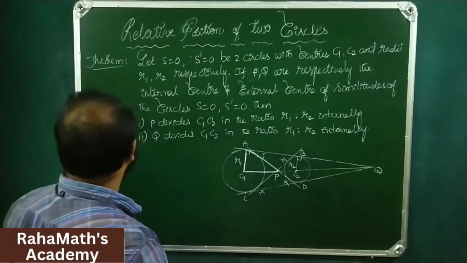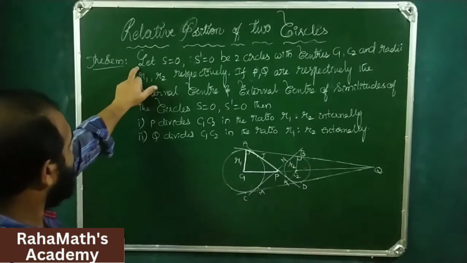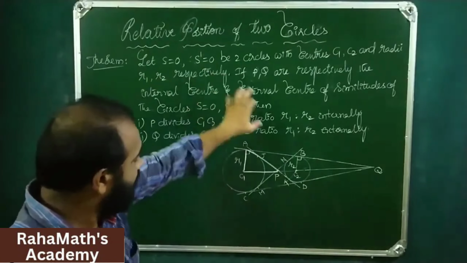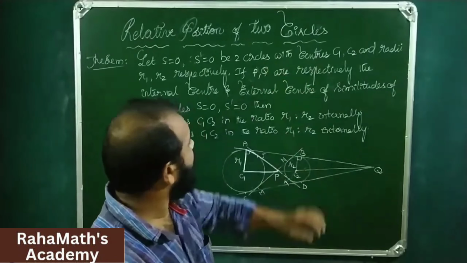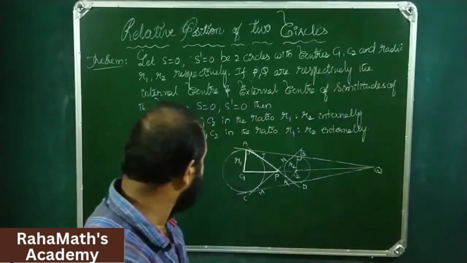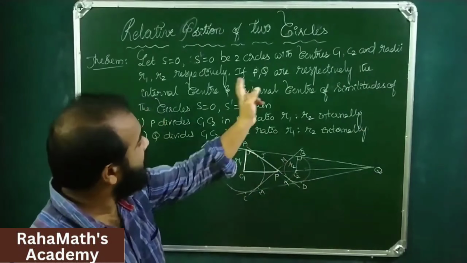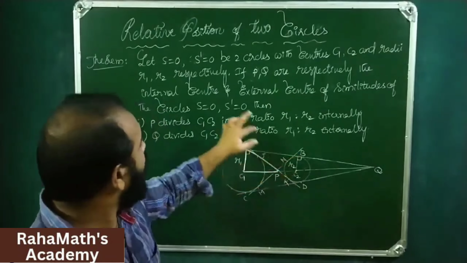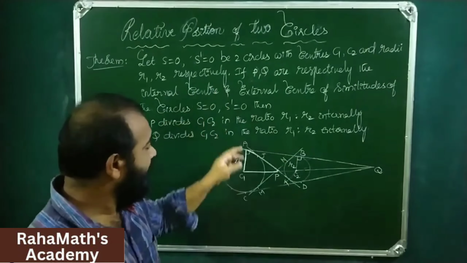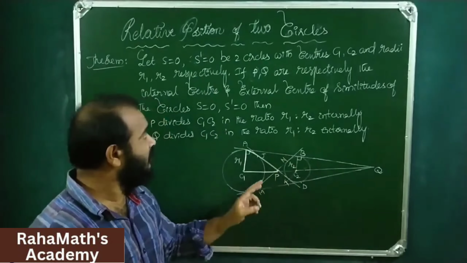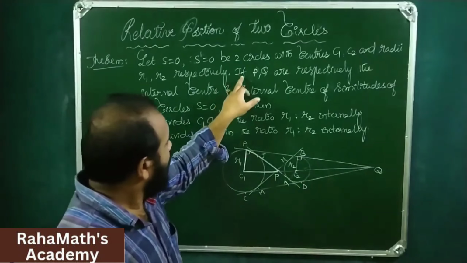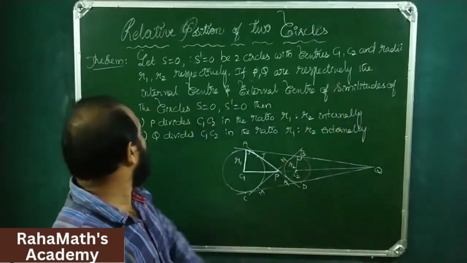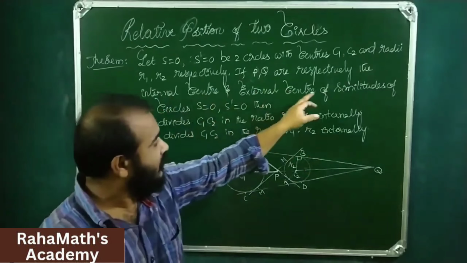Now, the theorem: let S equals 0 and S dash equals 0 be two circles with centers C1, C2 and radii R1, R2. Let P, Q be respectively the internal center and external center of similitude.